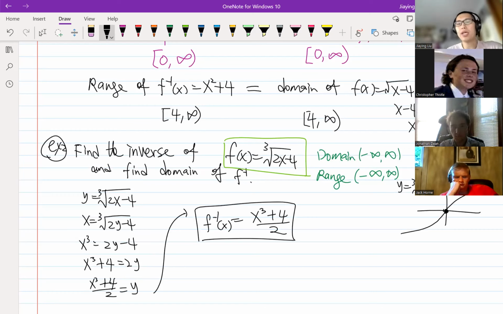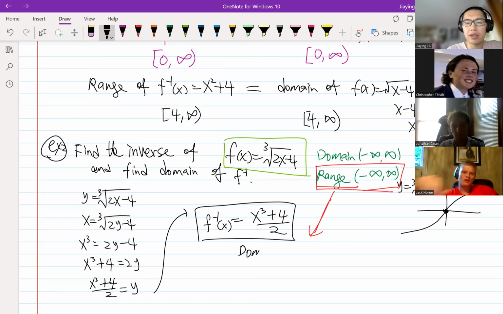Now, what is the domain of this inverse function? If we just look at the function itself, obviously x could be any number. But when we find the domain of the inverse function, we have to go back to the original function and look for the range. The range is from negative infinity to infinity for f of x.